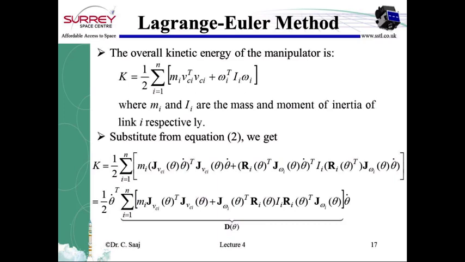If you do that, I can write the total kinetic energy in a simplified form by grouping the terms that are common to theta dot transpose and theta dot. Basically, I'm pulling out the terms common to theta dot transpose and those common to theta dot, and writing the expression for the total kinetic energy in a more compact form. Here I use the notation D of theta for the entire summation.